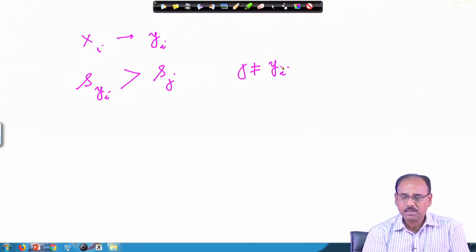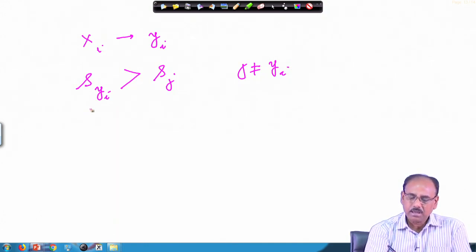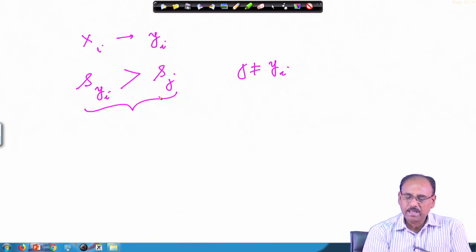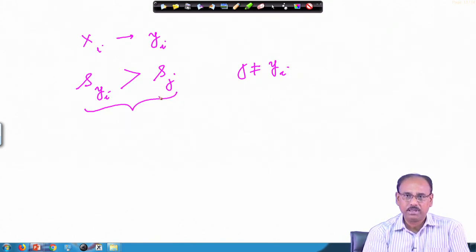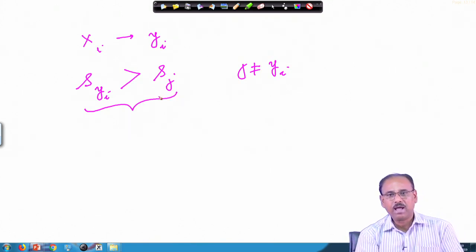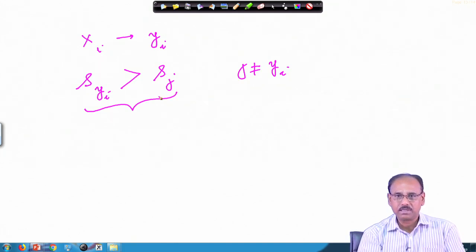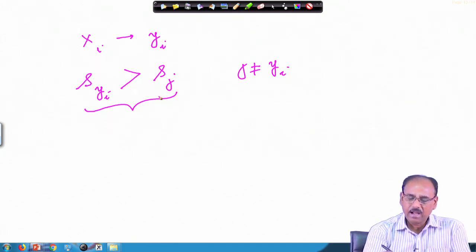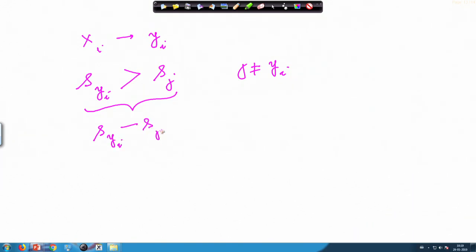This is what I want, and just that s_yi is more than s_j, I may not be satisfied with this, because I want to have more confidence over this classification. So, for that I may like to have s_yi minus s_j greater than some delta. So, that is your confidence factor.